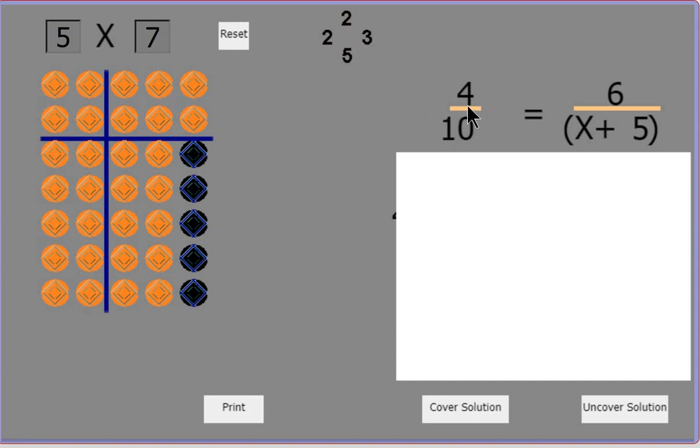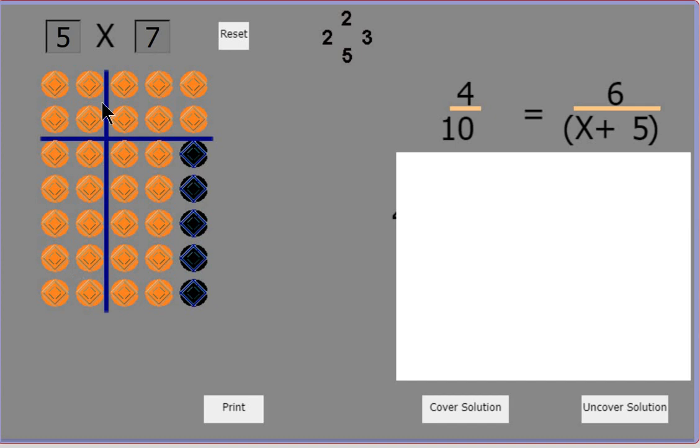The fraction bars of the equations can be seen to correspond to the horizontal axis, while the equal sign can be seen to correspond to the vertical axis.